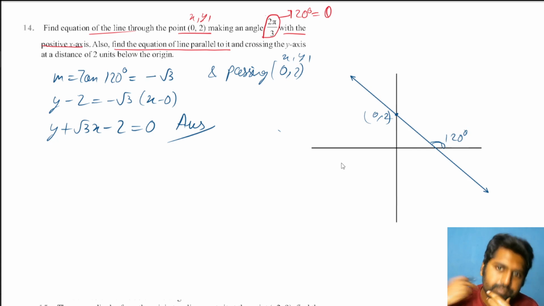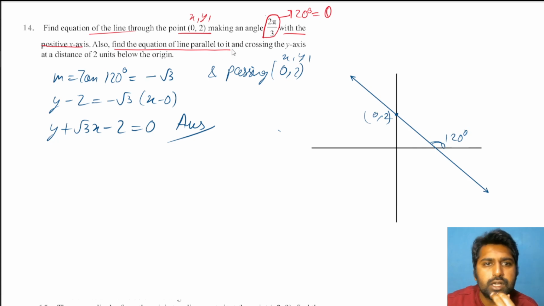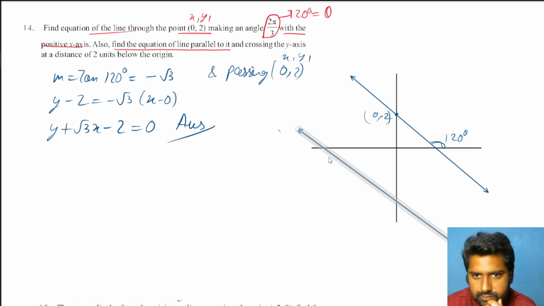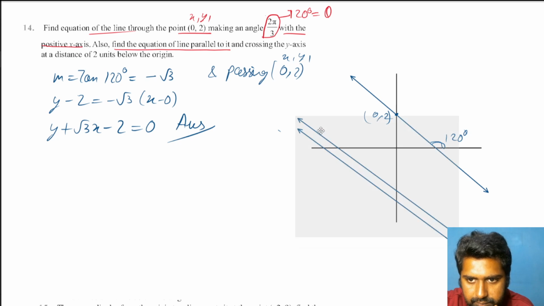And he's saying now find equation of a line parallel, crossing y-axis 2 units below the origin. So this is 2 units above origin, so 2 units below origin. Making parallel will take time.